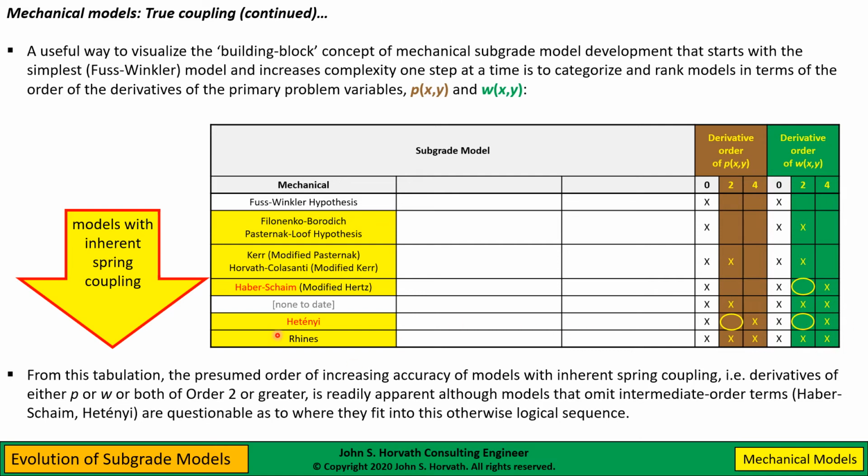So it's kind of hard to see, is the Habersham model, for example, inherently better than the Kerr model or the Horvath-Colasanti model? It's not clear. But these are the models that have inherent spring coupling, right? It's built into the mathematics of the model. There's no guesswork involved.